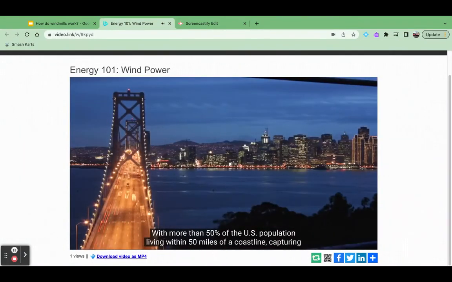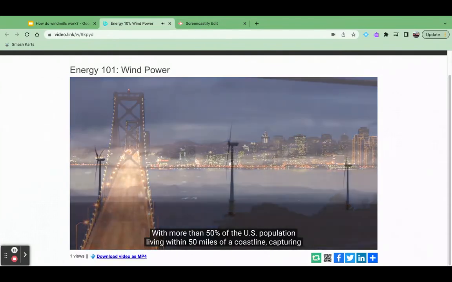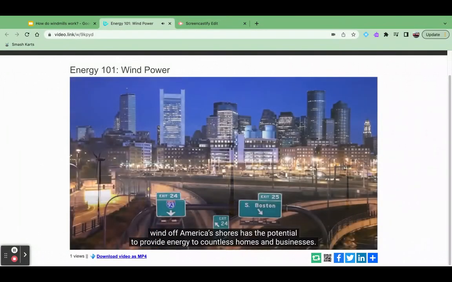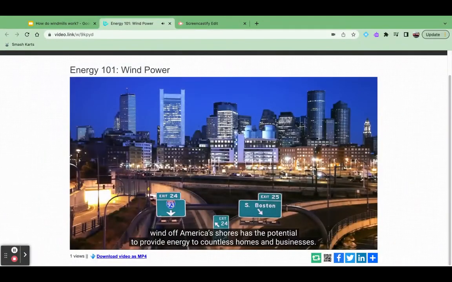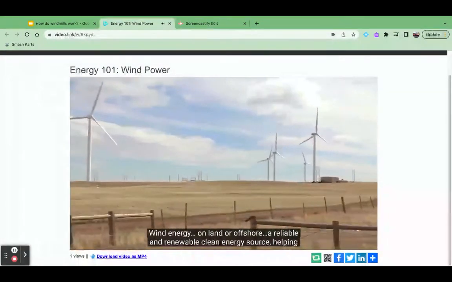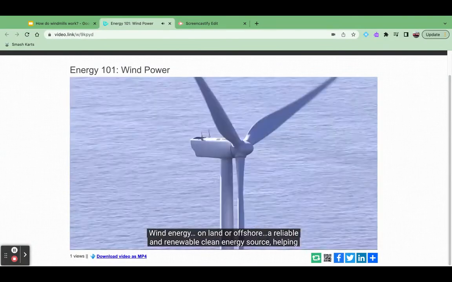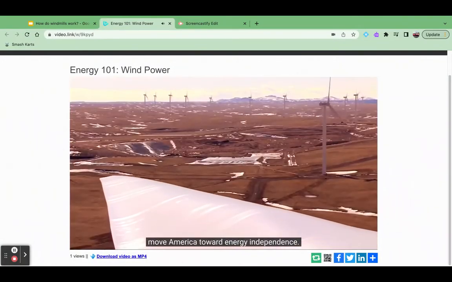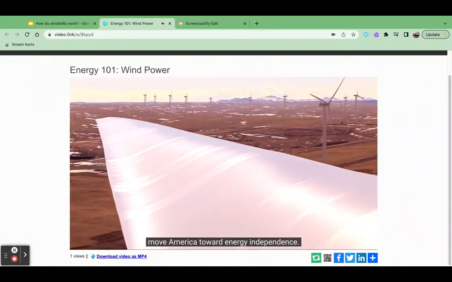With more than 50% of the U.S. population living within 50 miles of a coastline, capturing wind off America's shores has the potential to provide energy to countless homes and businesses. Wind energy, on land or offshore, a reliable and renewable clean energy source, helping move America toward energy independence.